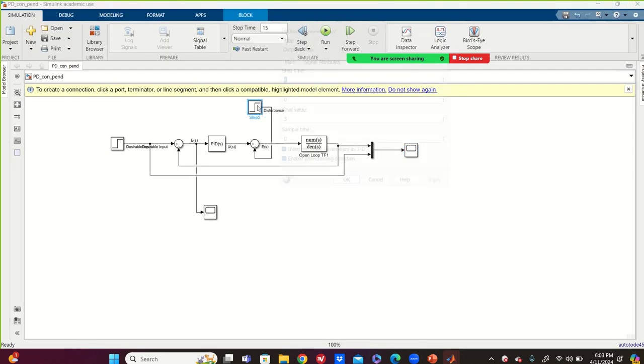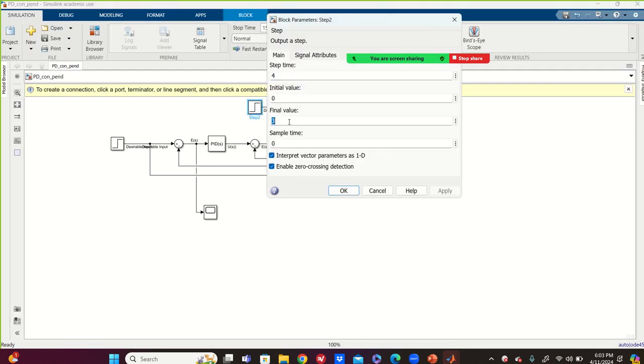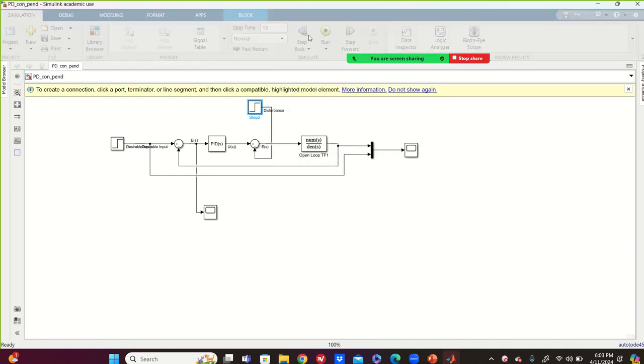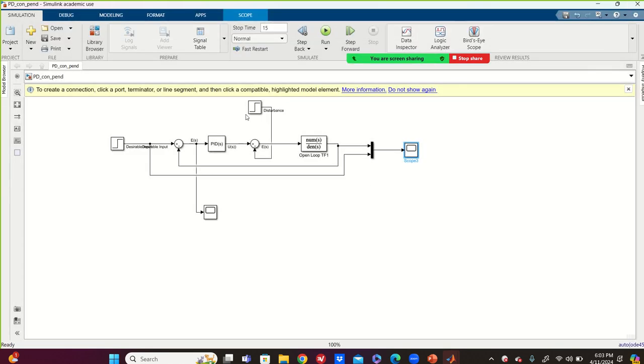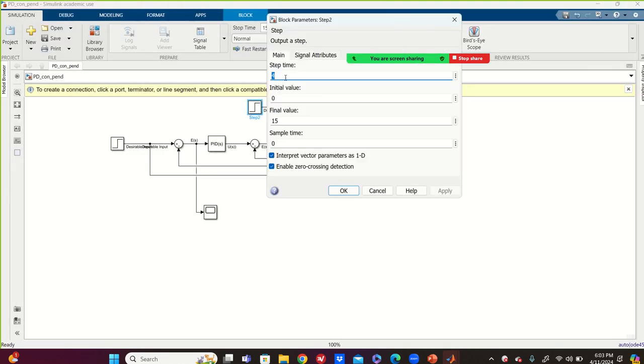Now, even if I go higher, I don't know, say 15. See? But finally, again, it rejects that and goes there. The disturbance happens here. Even if you change the time to 0, so the disturbance happens from the beginning, and this is, I don't know, 2.